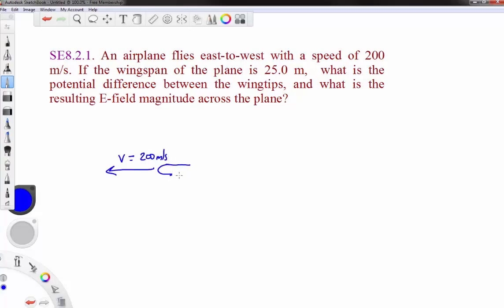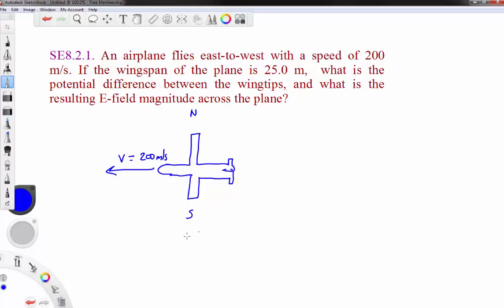And then if that is the case, its wings must be like this. So that would be basically north and south. And then here's the rest of the plane as viewed from above. There's usually a little tail fin here, and then the body like this.